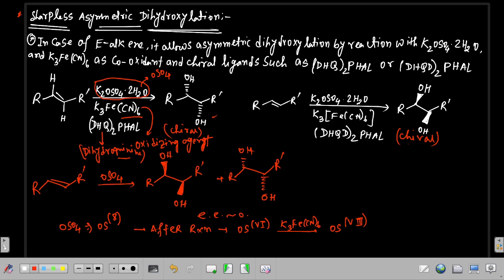But in presence of DHQD, we are using another type of chiral ligand, dihydroquinidine. Here this dihydroxylation will happen particularly from the wedge side, that is above the plane. Only above the plane this dihydroxylation will happen. So it will also give a chiral species. So this is a trick. Okay.